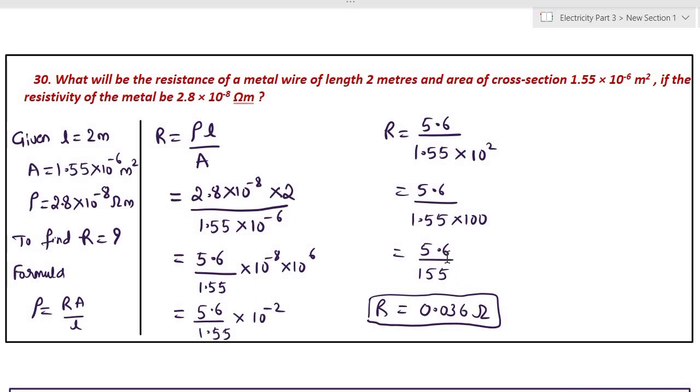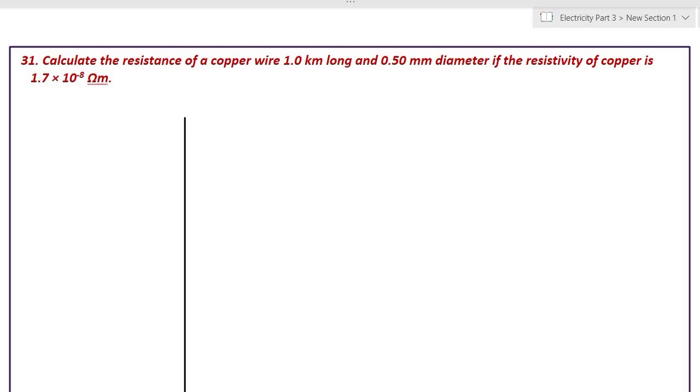Let us move on to the next question. Calculate the resistance of a copper wire of 1 kilometer length. Given length, how much has he given? 1 kilometer, so that is 1000 meter, and the diameter he had given is 0.5 millimeter.